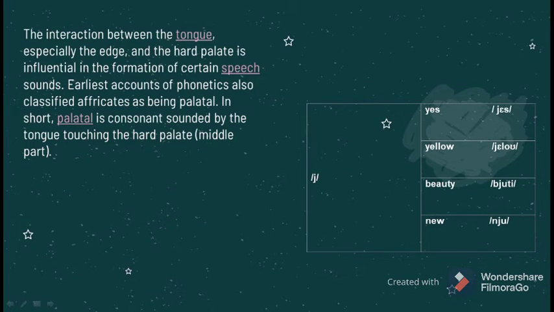The interaction between the tongue, especially the edge, and the hard palate is influential in the formation of certain speech sounds. Earliest accounts of phonetics also classified fricatives as being palatal. In short, palatal is a consonant sounded by the tongue touching the hard palate, to be specific, the middle part.